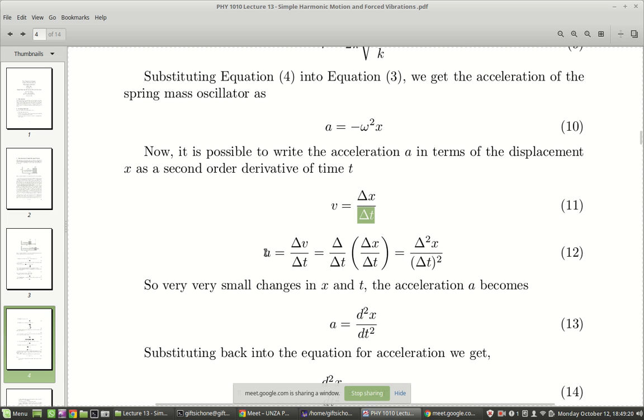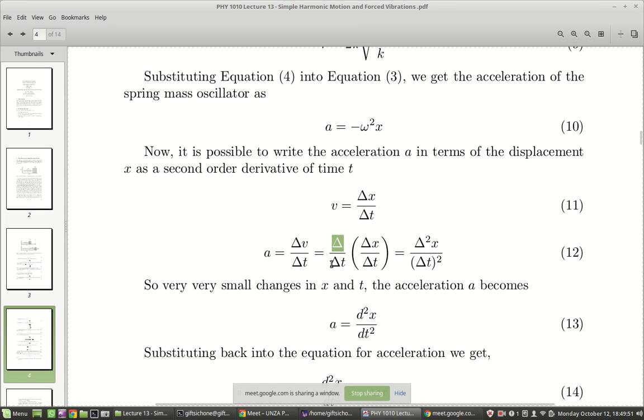When I replace the v there, I end up having change divided by the time. Then inside, I put delta x, I put delta t. When I do that, this triangle, the change, is going to multiply with this triangle. So I end up having triangle squared x, then these two delta t's squared, like this.